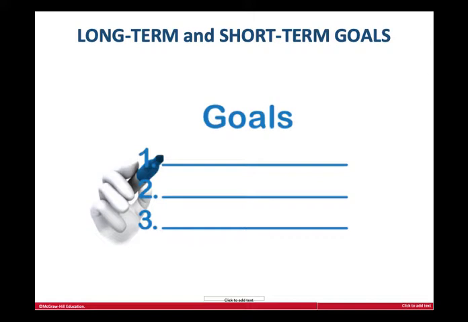There are 2 types of goals that we already mentioned, but now we're going to discuss them deeper. The first, a goal is also known as an objective or a specific commitment to achieve a measurable result within a stated period of time, and it can either be short-term or long-term.